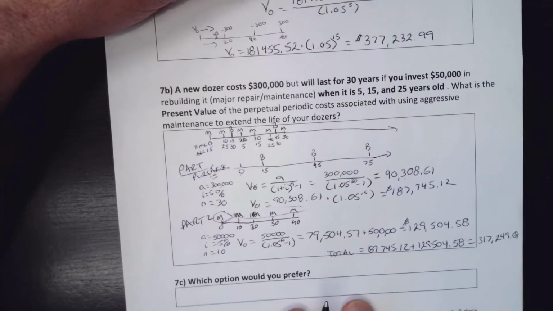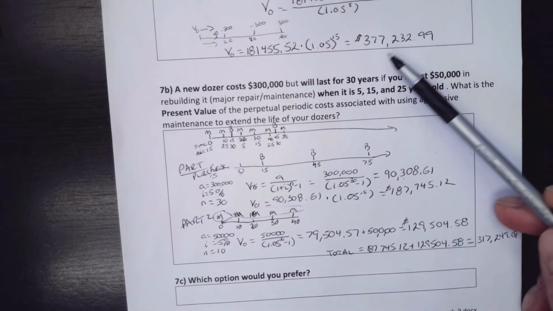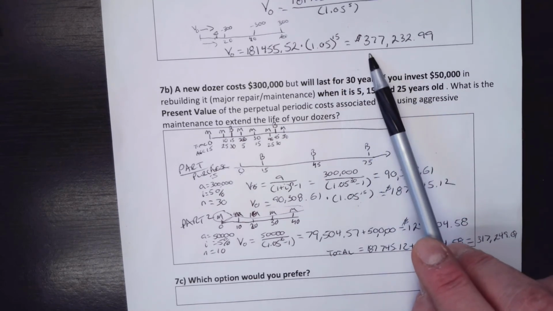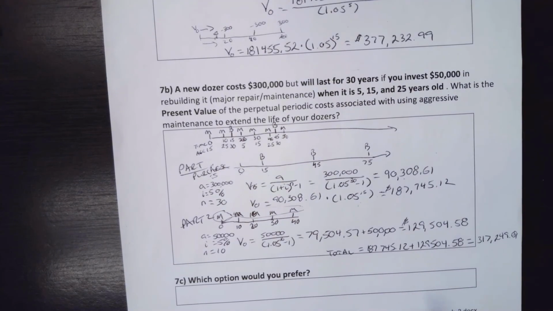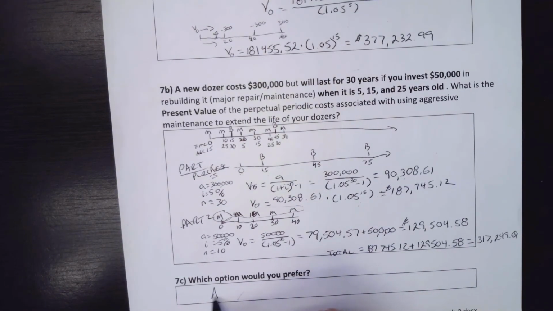So there we have it, our 2 parts. If we buy only new ones every 20 years, the present value of that, which is a cost, is $377,000. If we maintain it, spending $50,000 at a time and getting an extra 10 years out of each one, we're looking at $317,000.